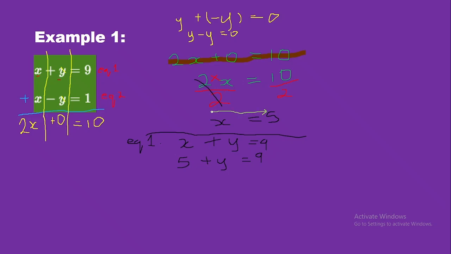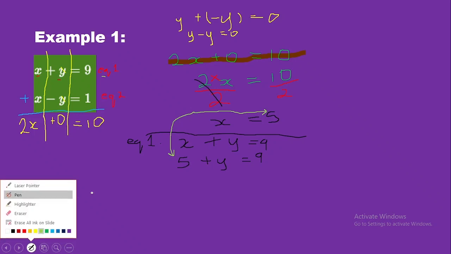This 5 right here, I just plugged into this equation. So x is now equal to 5, and I'm substituting x in equation 1. This is the equation I'm using to find what y is equal to. I want to get y by itself. Now in order to get y by itself, I must move this 5 that's being added to this y right here.